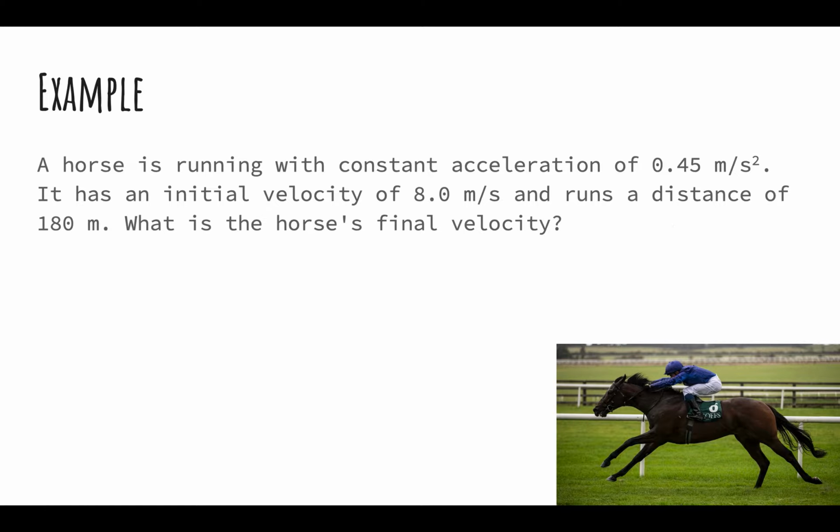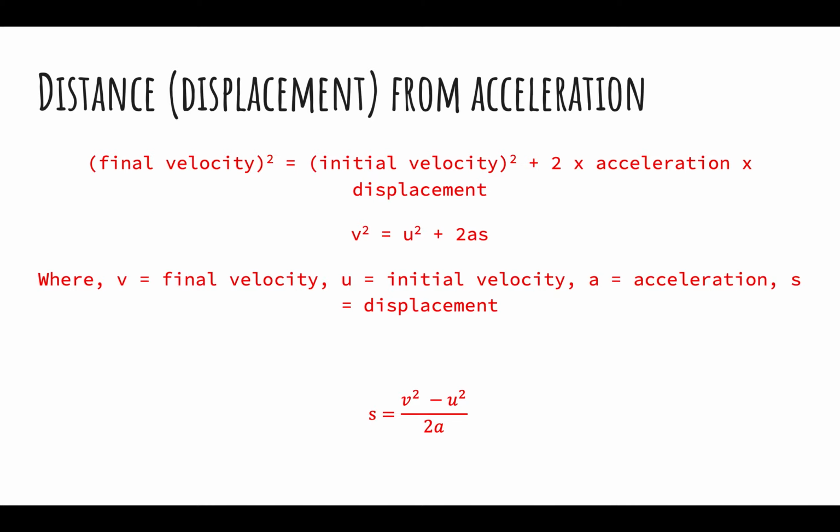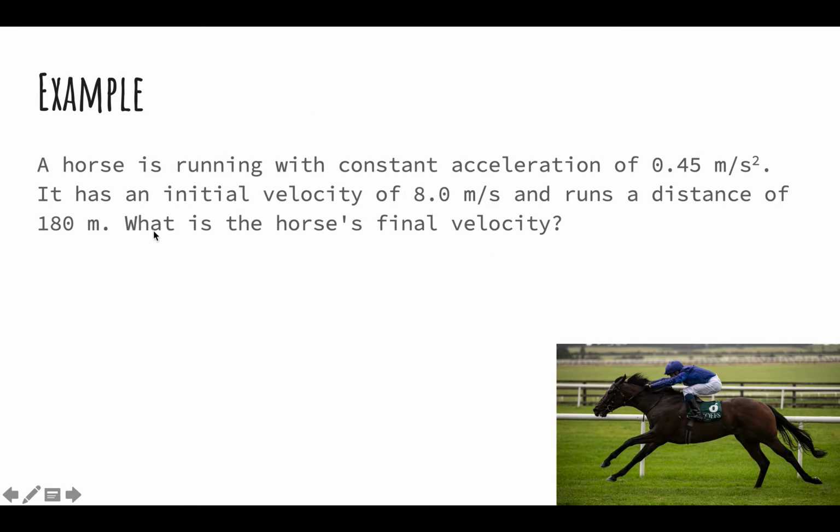So using the equation on the previous slide, we have v squared equals u squared plus 2as. Okay. And if you look at the question, it's asking us for the horse's final velocity. So here we go. Final velocity squared equals initial velocity squared plus 2 times the acceleration times the displacement. Okay. So all we have to do now, or the first step at least, is we need to substitute in those values.